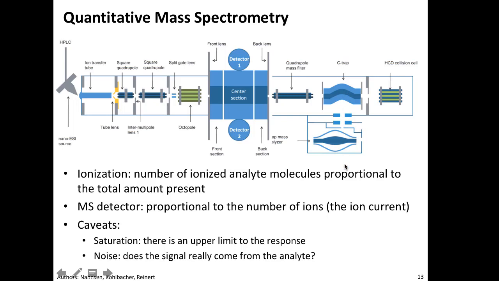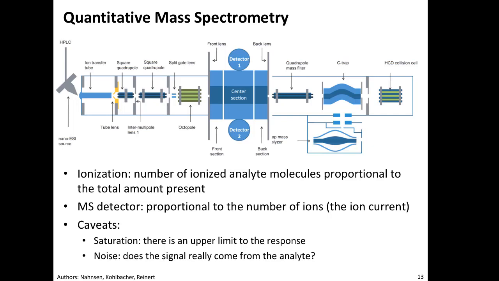Each of these transfers comes with some loss, and you can also see that there's some capacity to that. The seed trap has only limited capacity. You cannot pump an arbitrary number of ions into it. And that is one of the reasons why we see these saturation effects. So along this whole process, we are losing some of the stuff, hopefully in a consistent manner between samples.